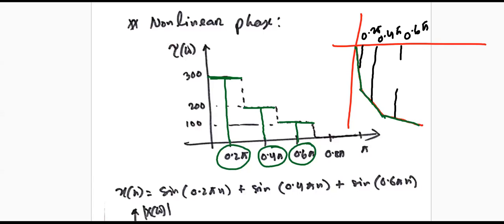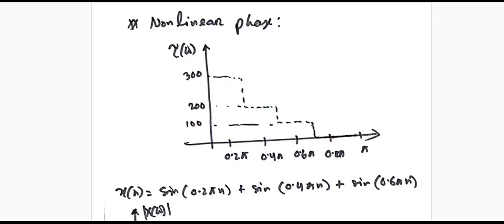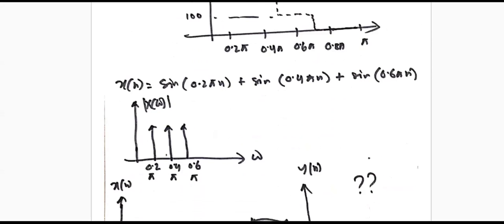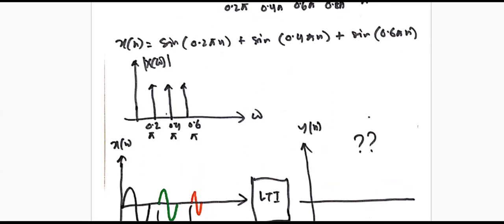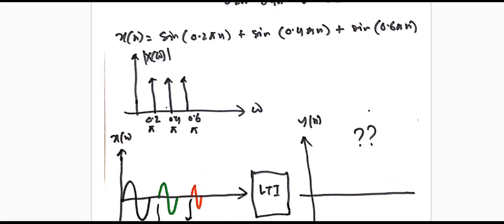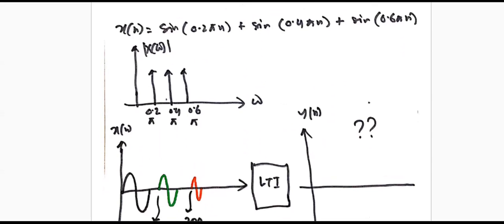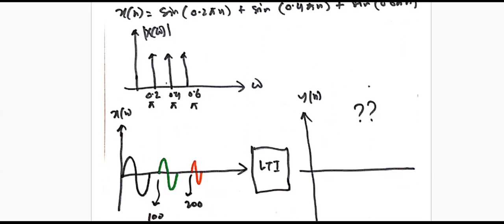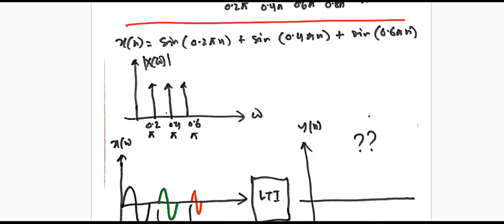So different frequencies are facing different group delay, and how that will react on this particular example. With the same example, as we have already mentioned, this is the example we have.